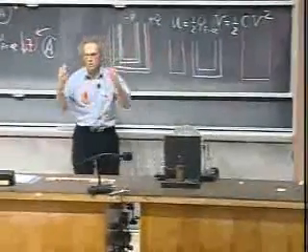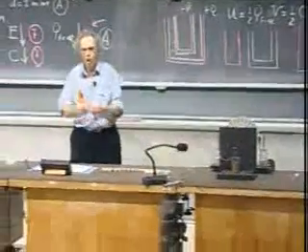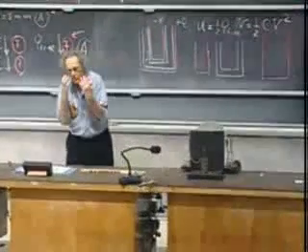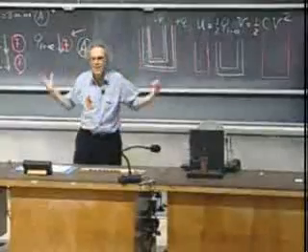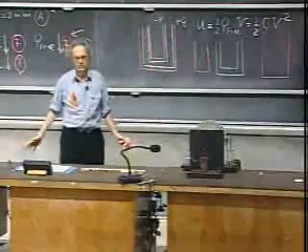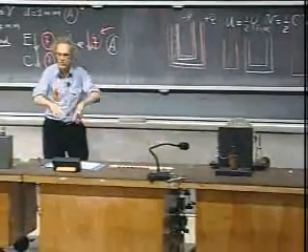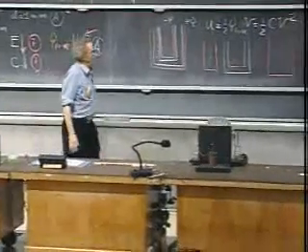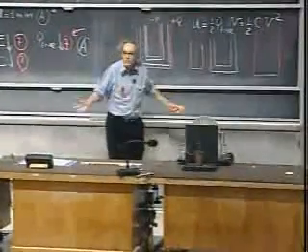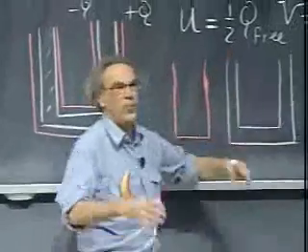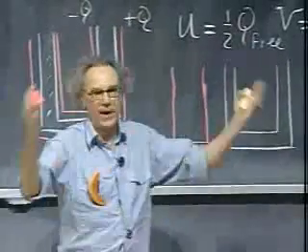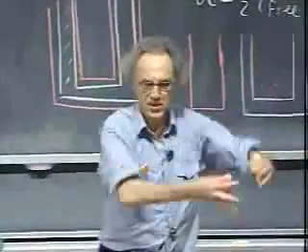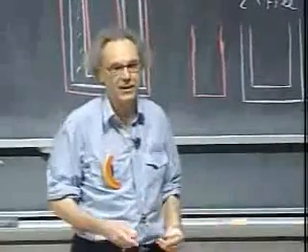I will discharge them completely. I will hold them in my hand, I will touch them with my face, I will lick them, I will do anything to get all the charge off. And then I will reassemble them. Well, if I get all the charge off, all this Q free goes away, there's no longer any potential difference. When I reassemble that baby, then clearly there couldn't be any energy left.